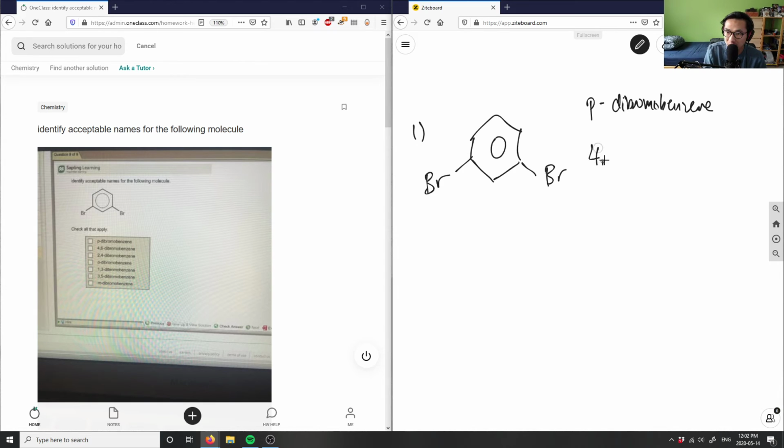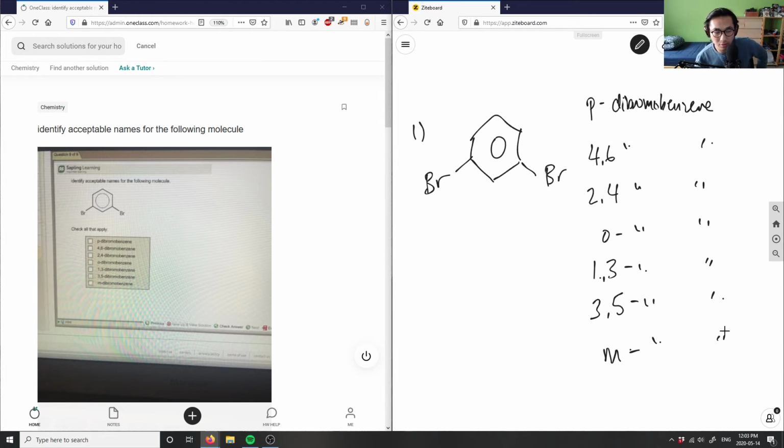The next one is 4,6-dibromobenzene, then 2,4, O-dibromobenzene, 1,3-dibromobenzene, 3,5, and finally M. All of these guys are dibromobenzene. I just don't want to write them all out, so I can put these air quotes here just to say that they're all dibromobenzene.